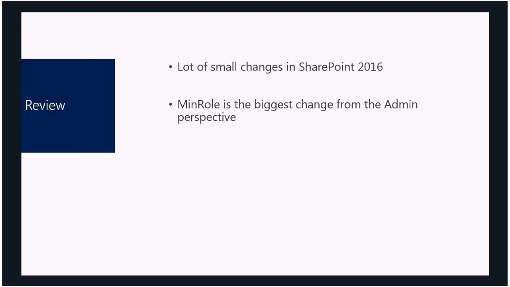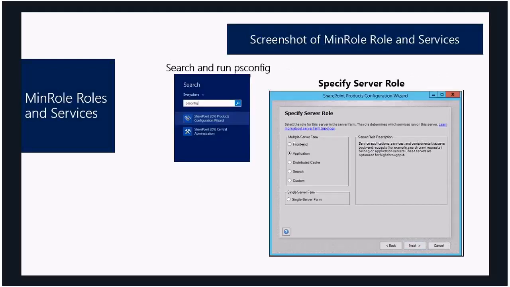So let's give you the new installation modes with SharePoint 2016 here. Okay, so let's switch to this slide. Previously we had guidance on how we can configure or install the different SharePoint server roles.